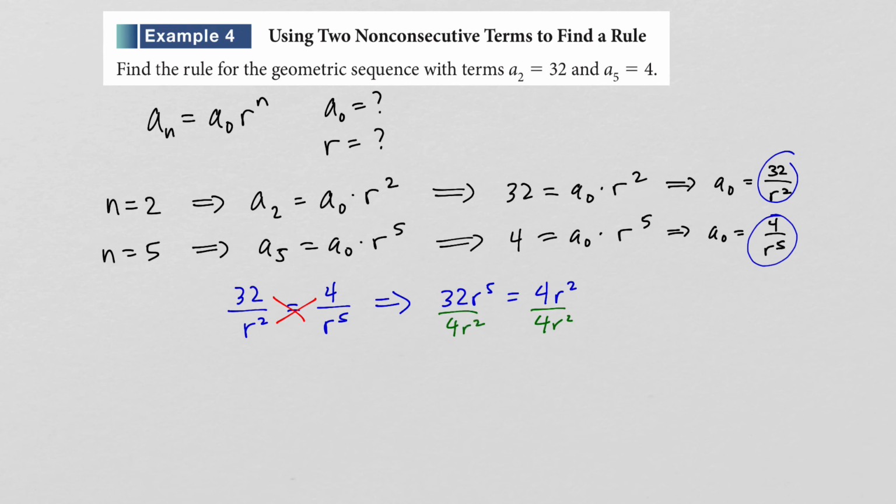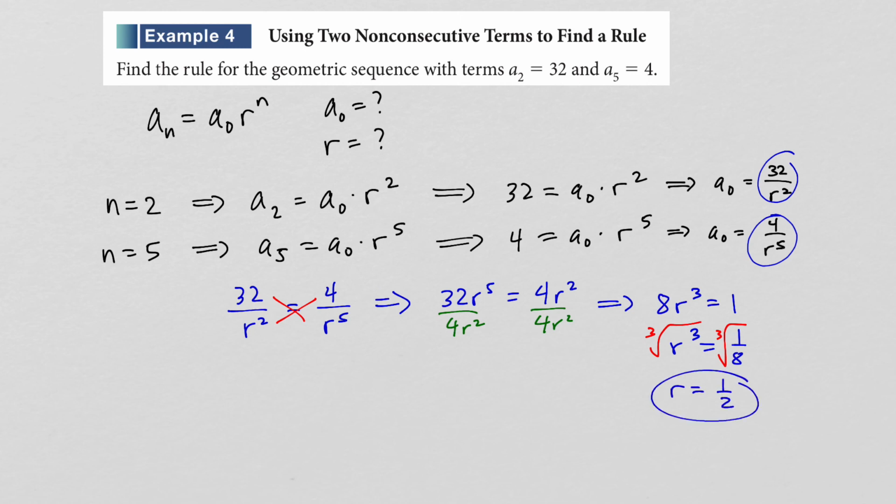This is going to give us 8R cubed is equal to 1. And then we can solve for R by simply dividing both sides by 8, and then finally taking the cube root of both sides. And that is going to give us R is equal to the cube root of 1/8, which is 1/2.